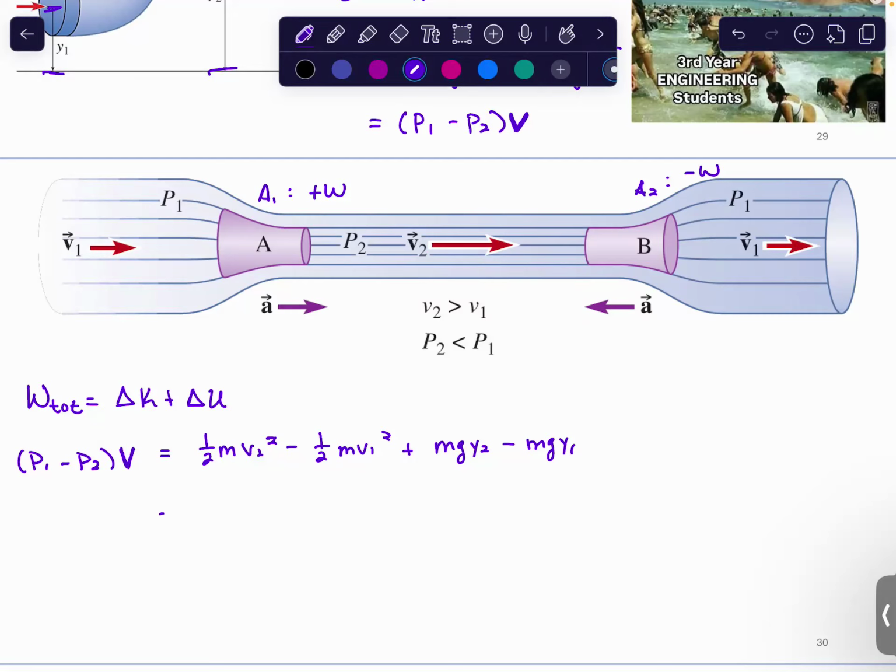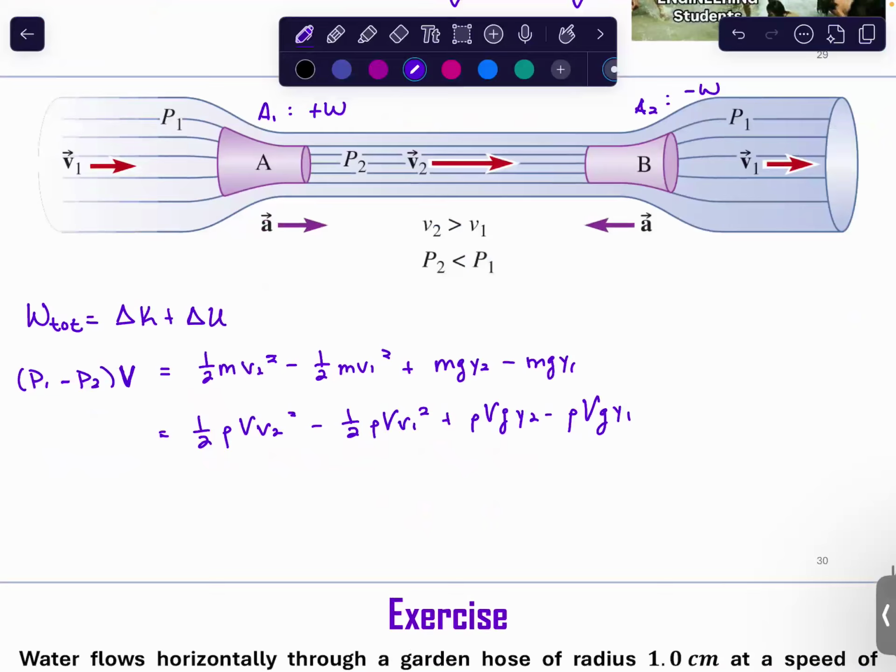So we're going to get 1/2 rho V v2 squared minus 1/2 rho V v1 squared plus rho V g y2 minus rho V g y1.